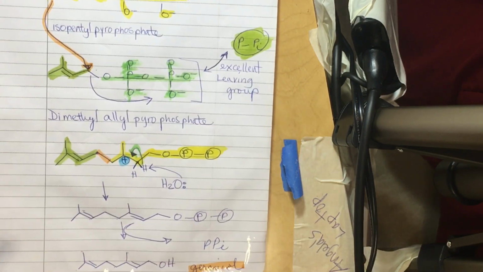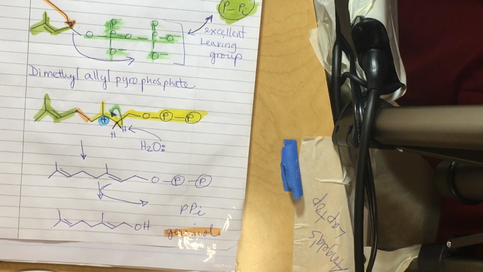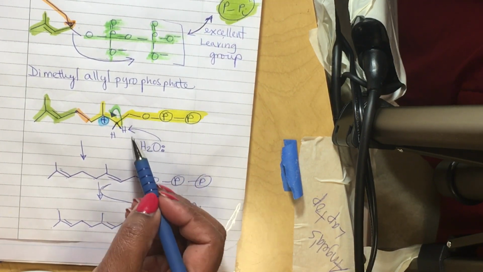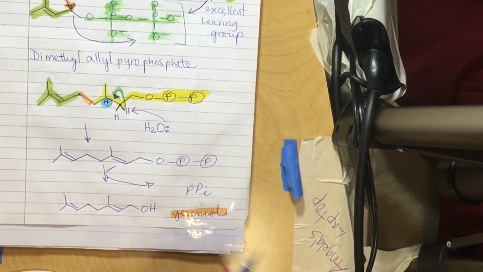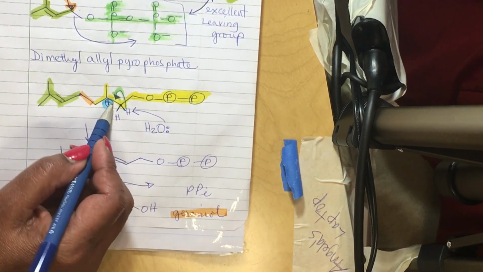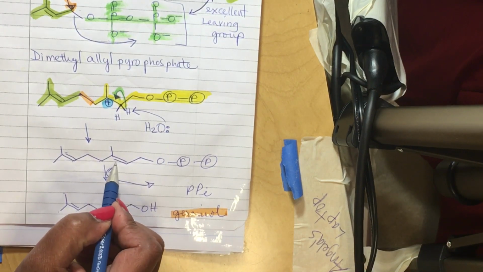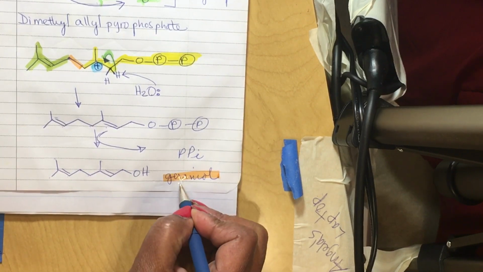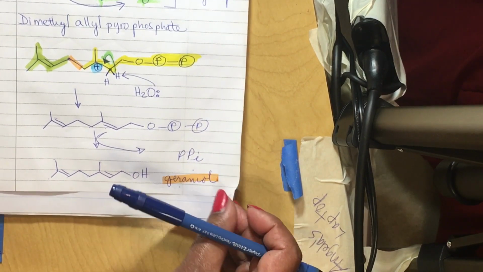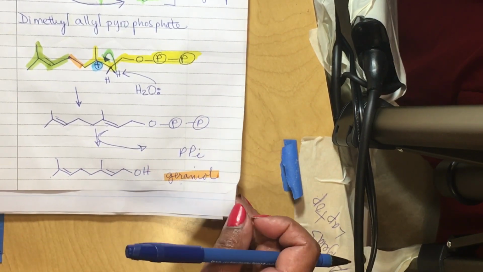Once we have done that, after the addition, we are going to remove one of the hydrogens using a molecule of water. When that is released, now we are going to create the double bond. And in this example alone, we have seen the synthesis of geraniol. This is the synthesis of geraniol.